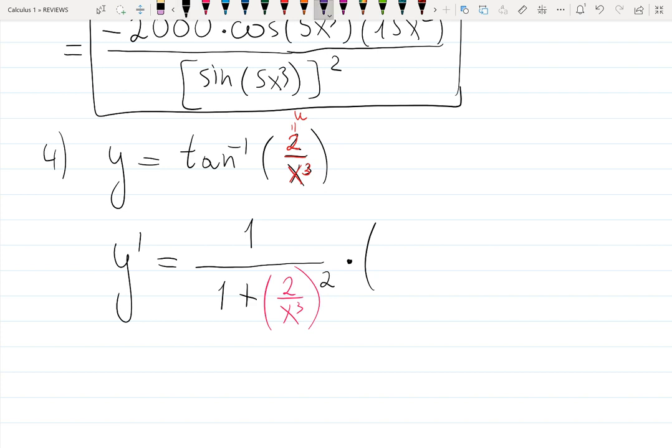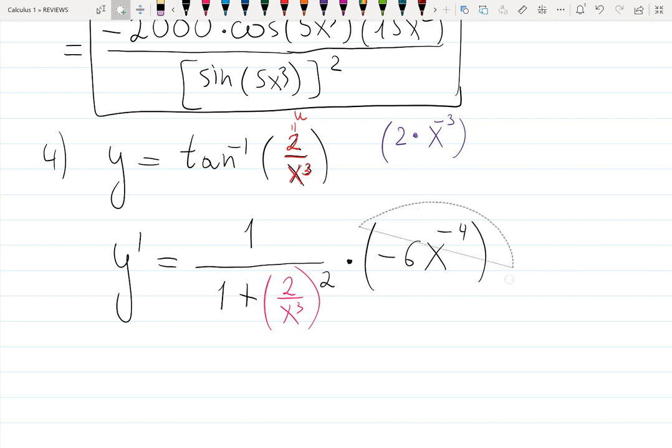Then if you're not very confident with 2 over x cubed, rewrite it as 2 times x to the negative 3, right? And differentiate that. What is the derivative of 2 times x to the negative 3? Is going to be negative 6x to the negative 4.